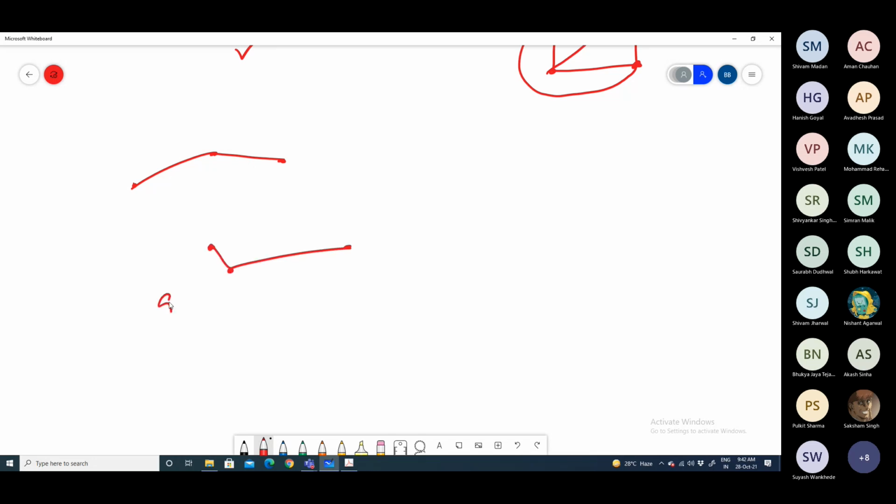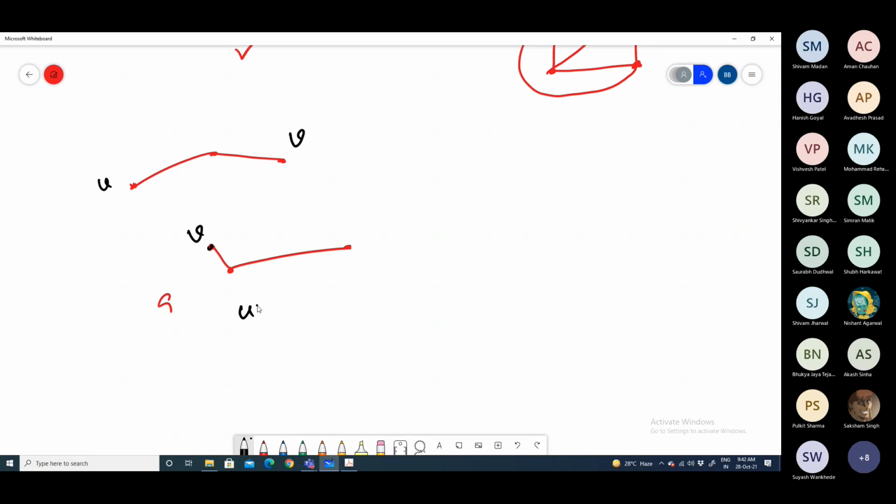Say this is G. First of all, say this is your U and this is your V. Then obviously UV is not in G, right?